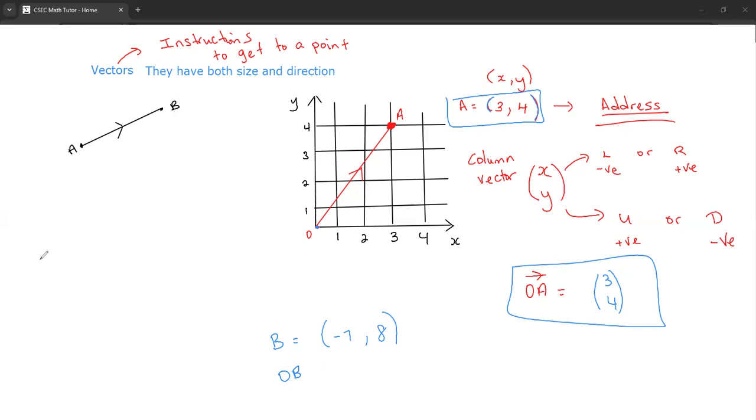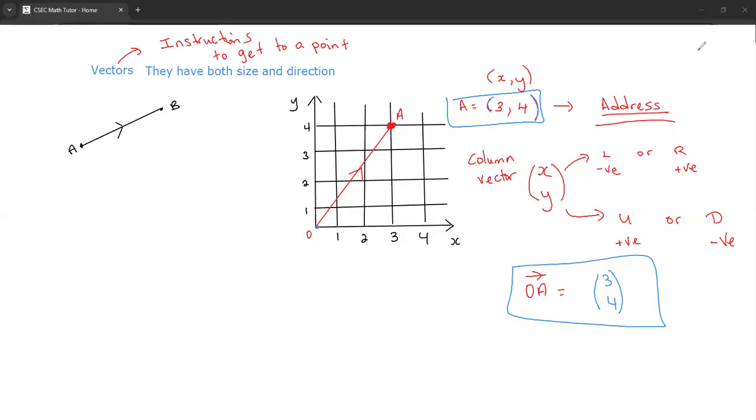Now, when it comes to vectors, you're given the instructions to get from one location. All right, so sometimes you might see something like this. So you might see a vector and let's say I'll use back the one that I have here.